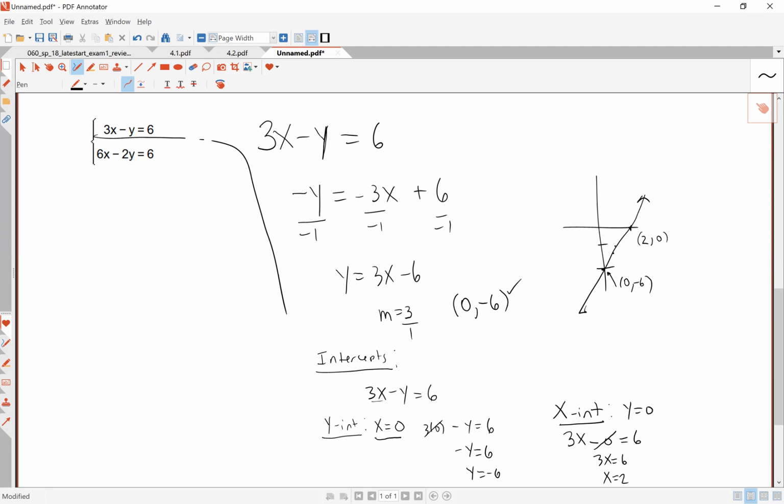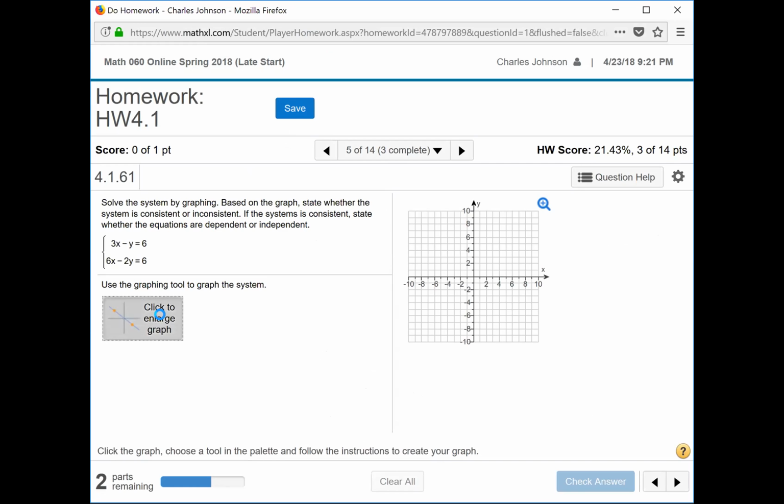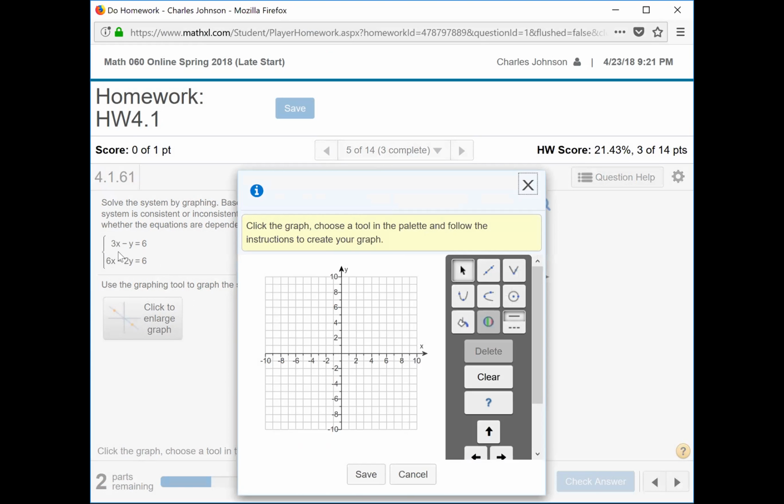So sometimes when I graph these, I'll just look at that first line and say, well, 3 goes into 6 2 times. So my first point is (2, 0). And my second point, since -y equals 6, so that's (0, -6), I'll just graph those using intercepts.